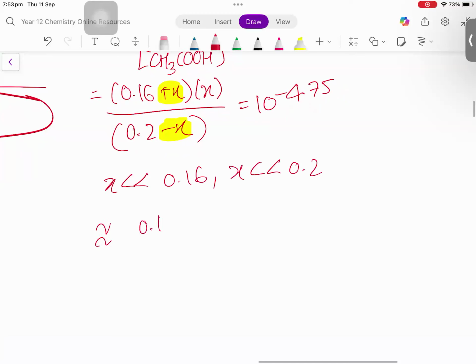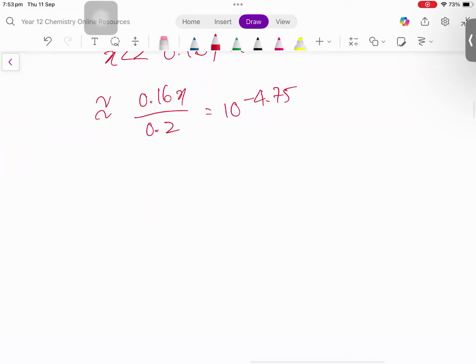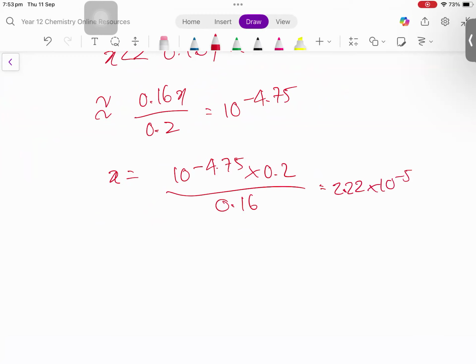So this is approximately 0.16X on 0.2, which is 10 to the minus 4.75. And then rearrange it to get X, 10 to the minus 4.75 times 0.2 divided by 0.16. And then what you get for X is going to be 2.22 times 10 to the minus 5.